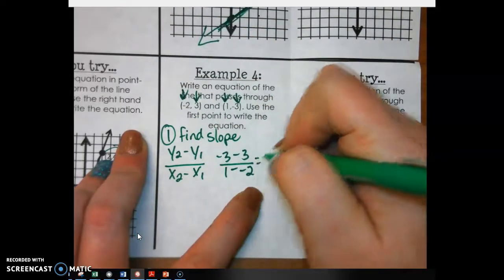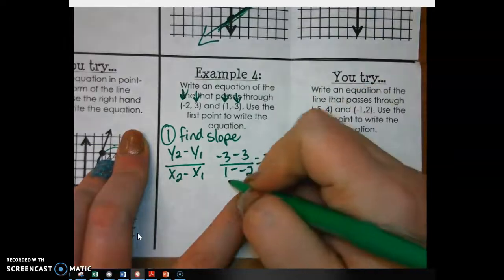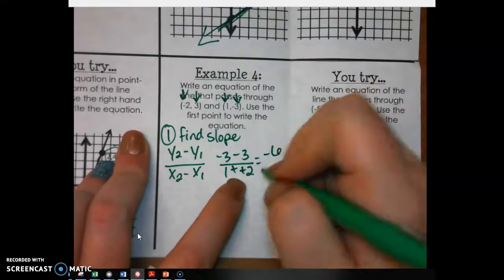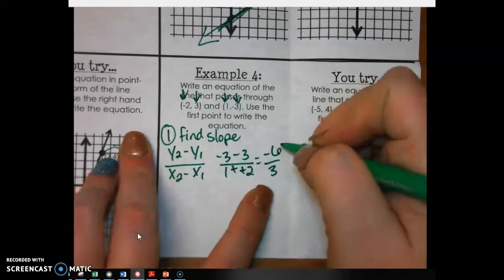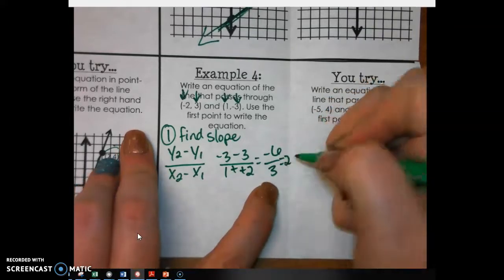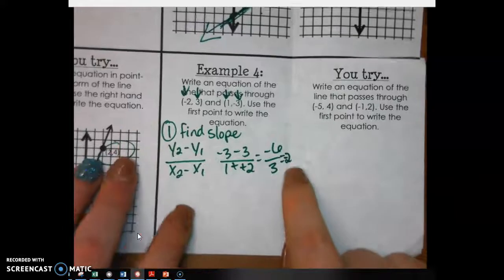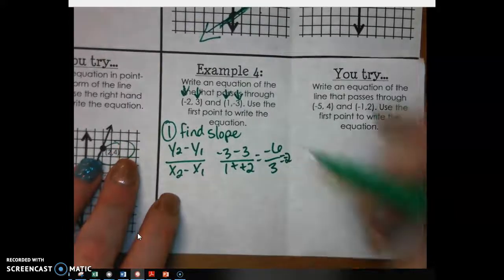Okay, so this is negative 6. These become positive. If you don't understand that part, you need to come see me. Divided by 3. Negative 6 over 3 equals negative 2. Good catch. So, negative 2. There's my slope.